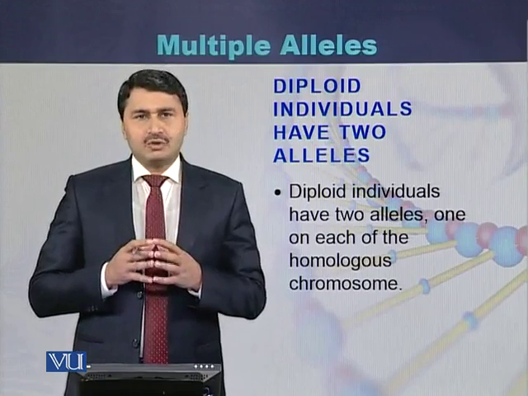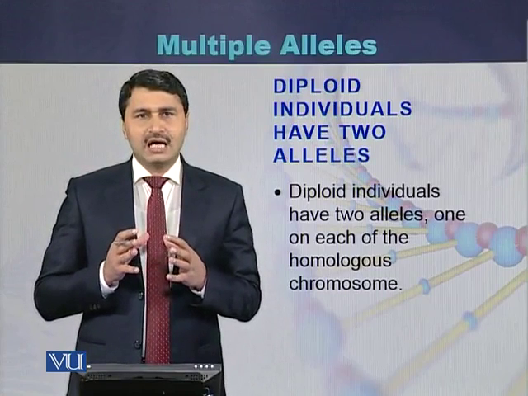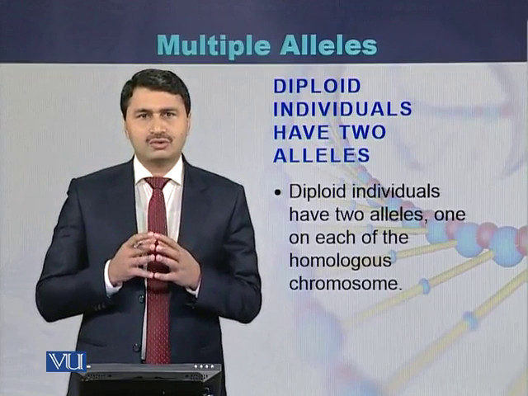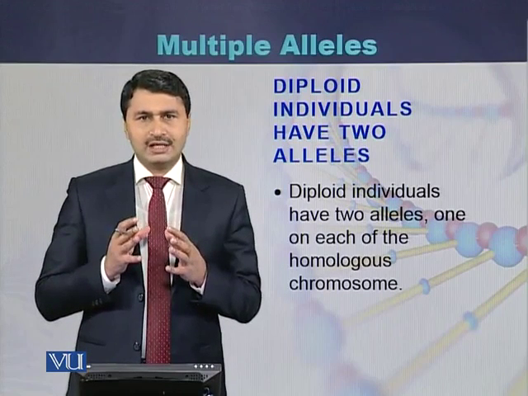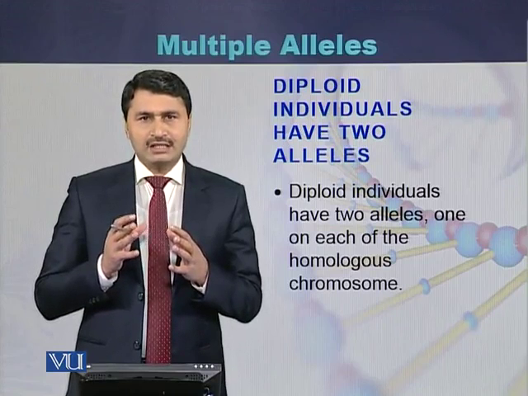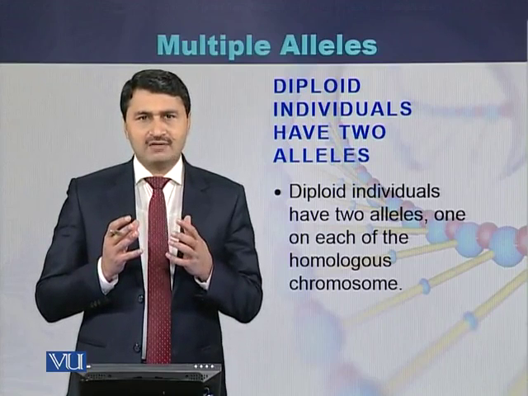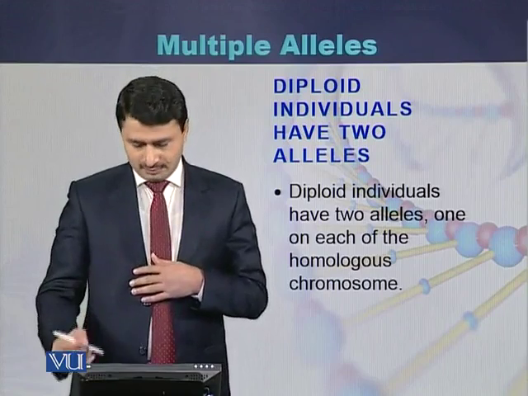Diploid individuals therefore contain two alleles: one is the maternal allele while the second is the paternal allele.